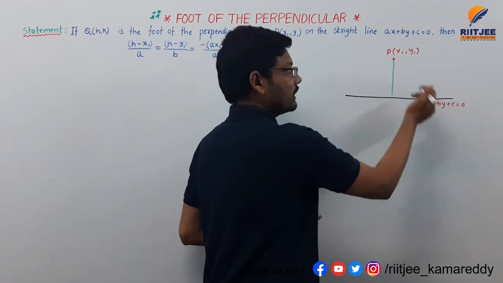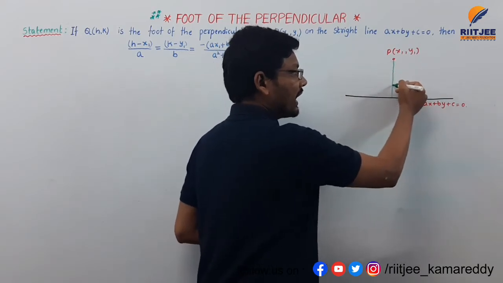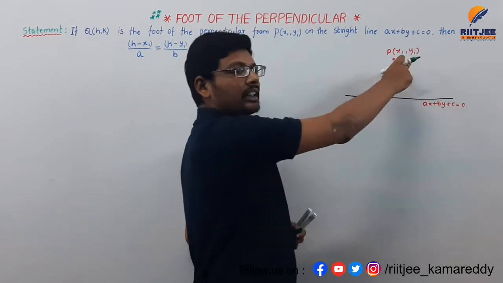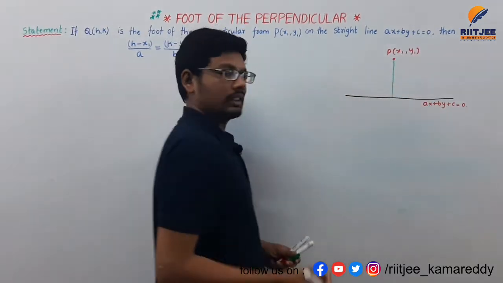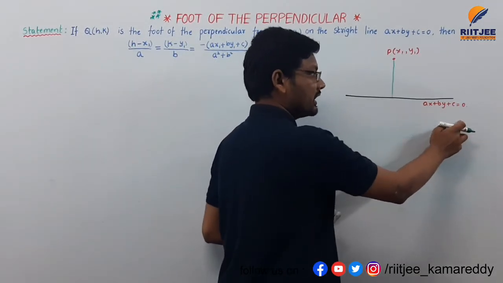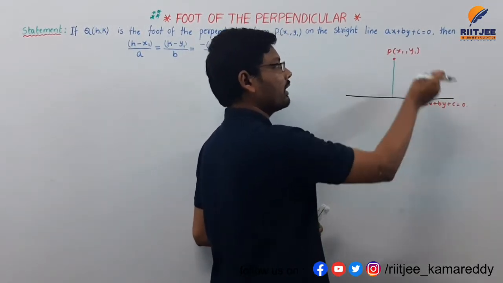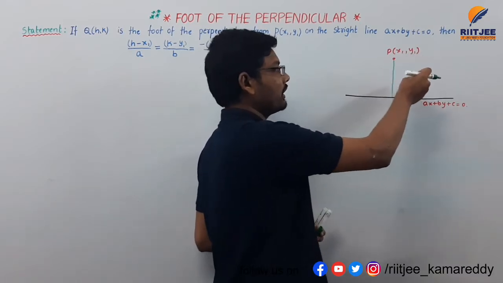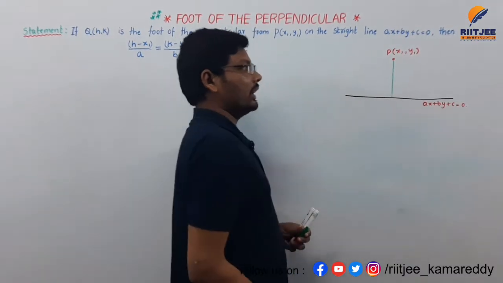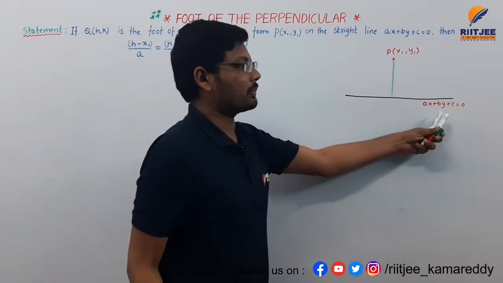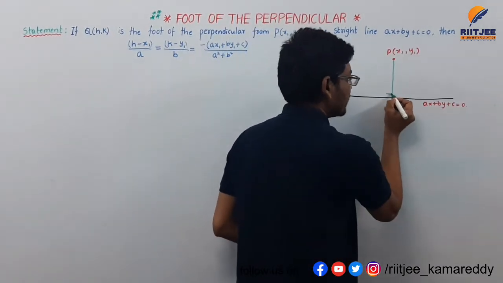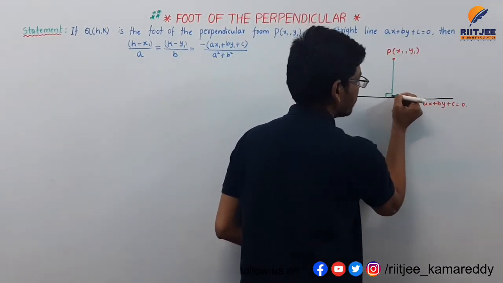Step 1: I am taking a straight line equation ax plus by plus c is equal to 0, and I am taking one point P of x1 comma y1 above this line. From this point P to the line ax plus by plus c, I am drawing a perpendicular line, and this is the perpendicular line here.